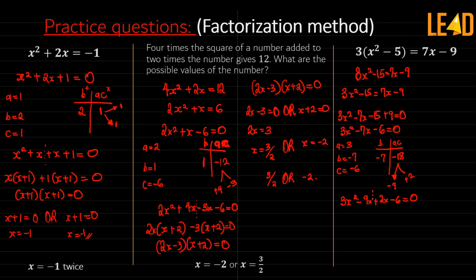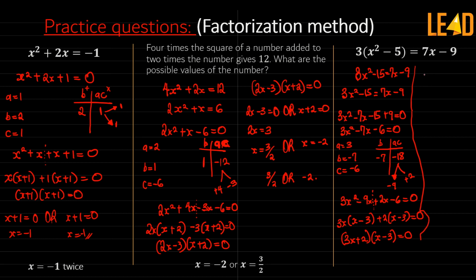So I can split them up in 2 now and say 3x bracket x minus 3, then plus 2 out of this one, x minus 3 is equal to 0. So I end up with 3x plus 2 multiplying x minus 3 gives me 0. I'll do the 2 possible solutions on this side.